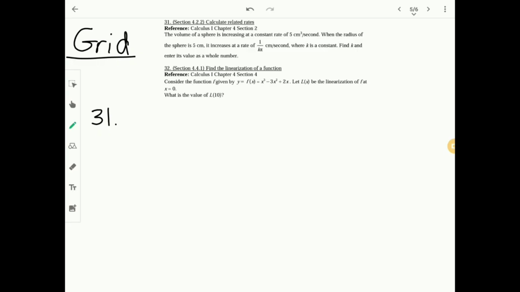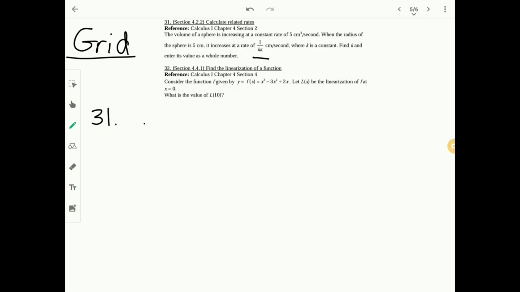Let's do 31 now. The volume of a sphere is increasing at the constant rate of 5 centimeters cubed per second. When the radius is 5 centimeters, it increases at a rate of 1 over k pi centimeters per second, where k is a constant. Find k and enter its value as a whole number.